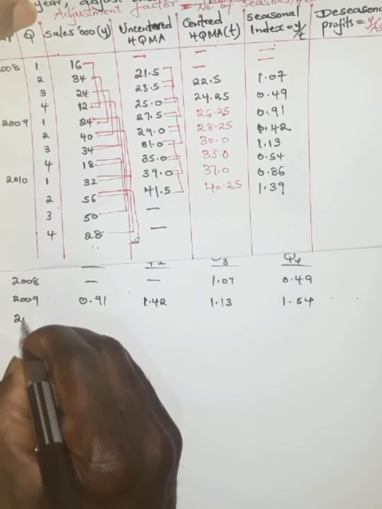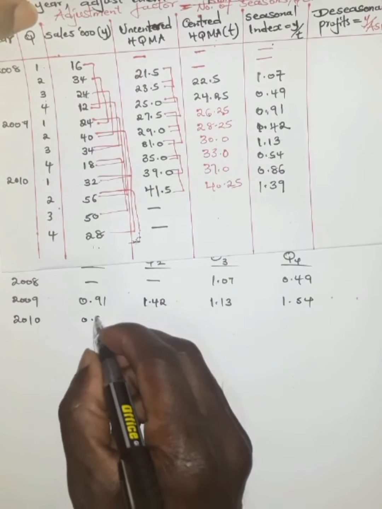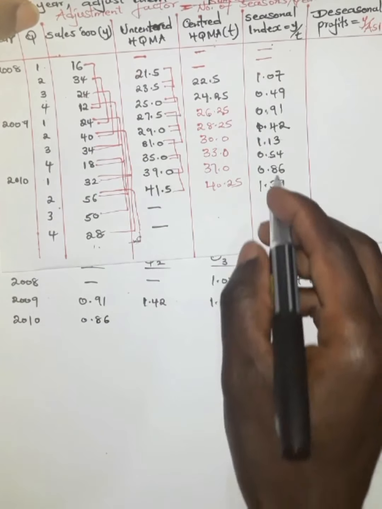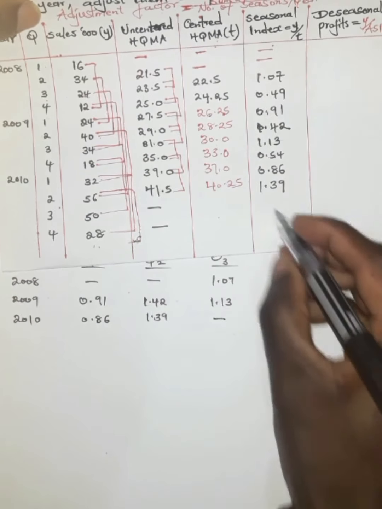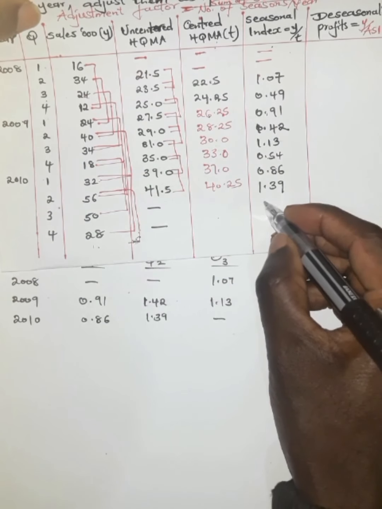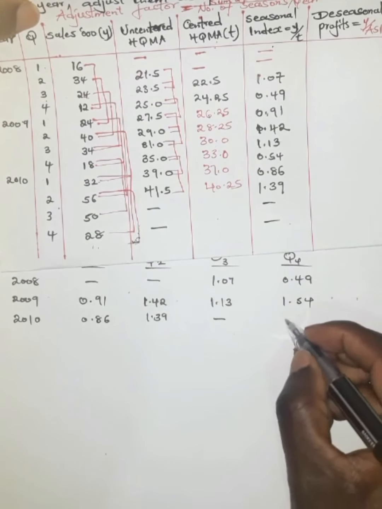Then the last year, which is 2010, for the first quarter is 0.86, 1.39. Of course, there is none for the last quarters.